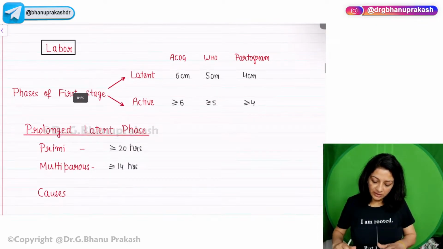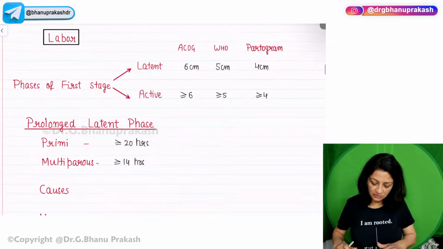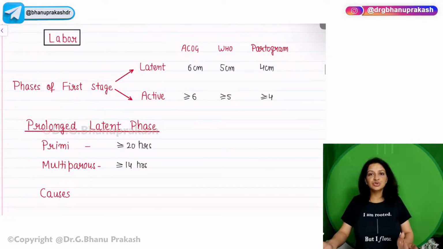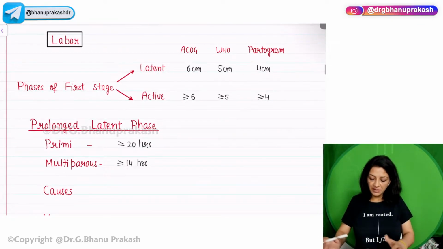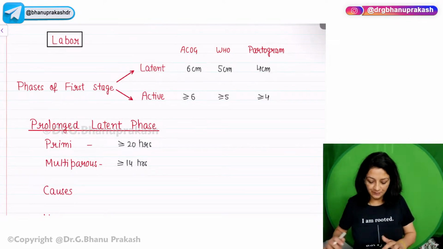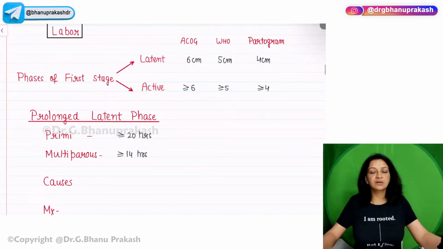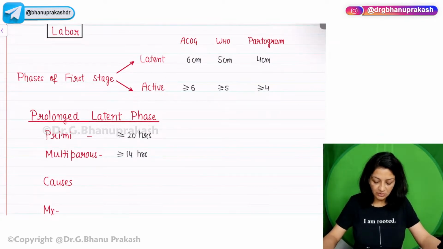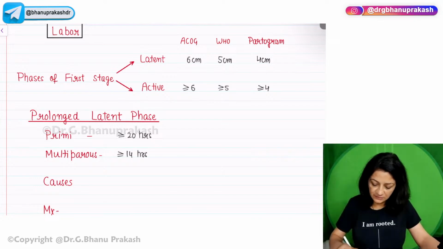So next important one is labor. So labor में भी हर बार क्वेश्चंस आते हैं. So यहाँ पे हम just discuss करेंगे abnormal labor. In the first stage of labor, first stage is divided into latent phase and active phase.